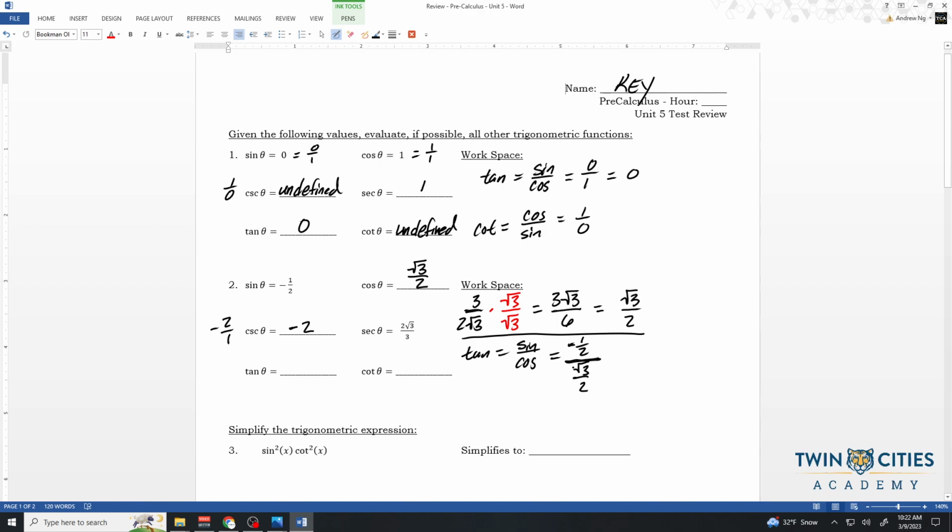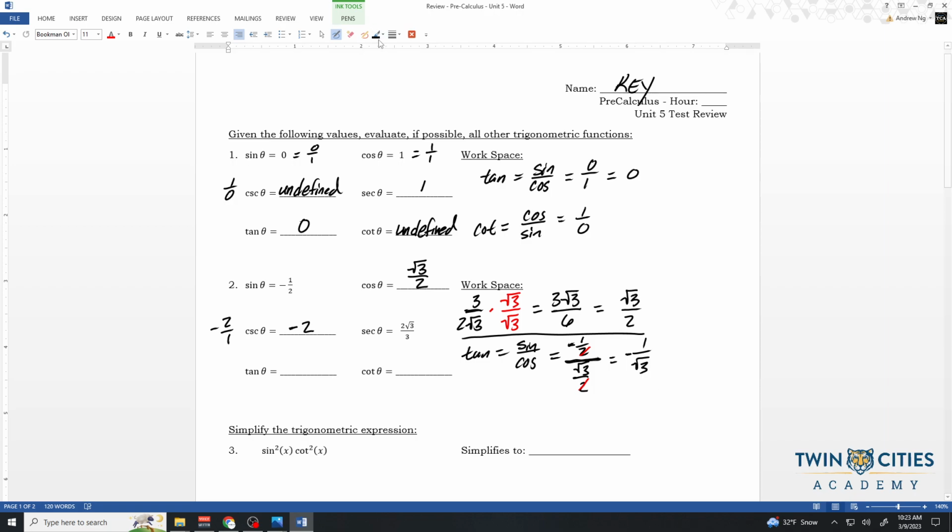Okay, I've got a rule here. If the denominator here is 2 and the denominator here is 2, I can divide these out. And I'll be left with negative 1 over square root of 3.